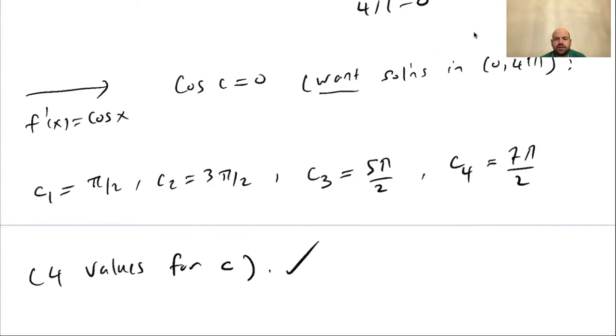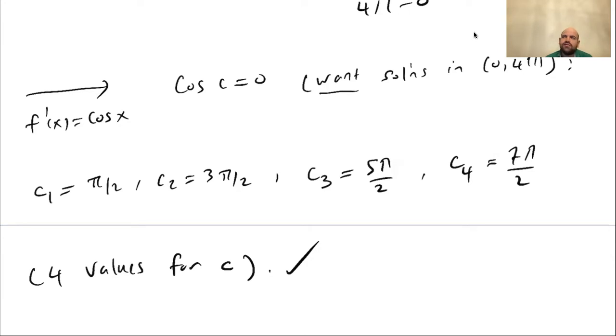So we showed that we can have more than one value for c depending on the function. In the previous cases, we had one value for c, but for this function, we have 4 values of c. You could define another function with 2 values of c or anything. So when the theorem says there exists a value of c with this property, it doesn't mean there exists one value. It means there exists at least one value.